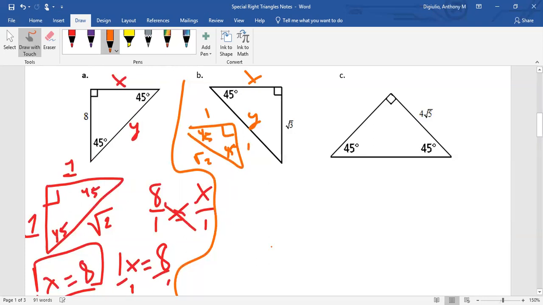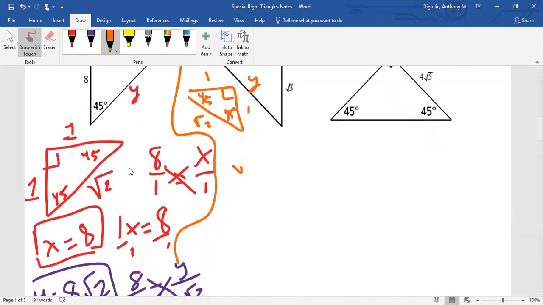First one I'm going to solve for is the x. I've got root 3 over 1 equals x over 1. Now again, it's not going to matter which one I put on the top or the bottom, or if my proportion looks a little bit different. The important thing is that you stay consistent. I went from right triangle to the left triangle, right triangle to the left triangle.